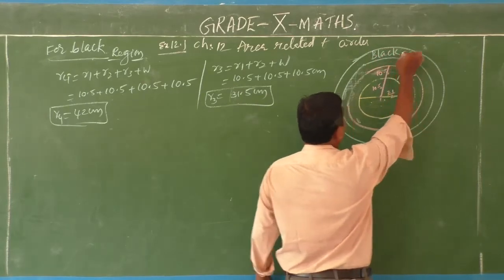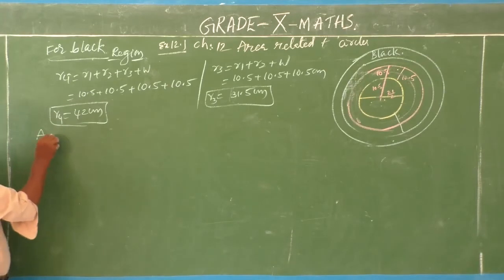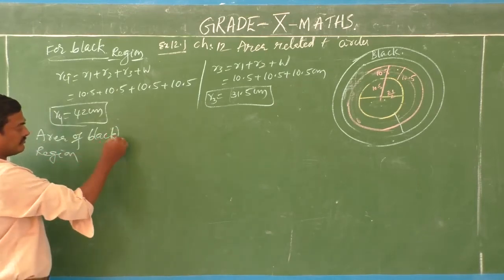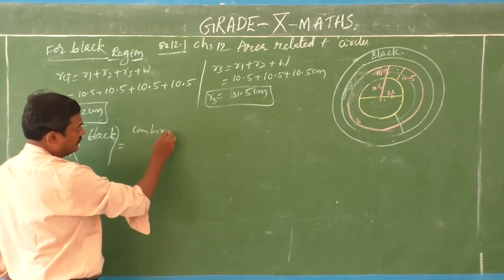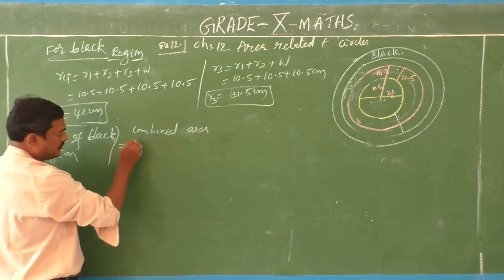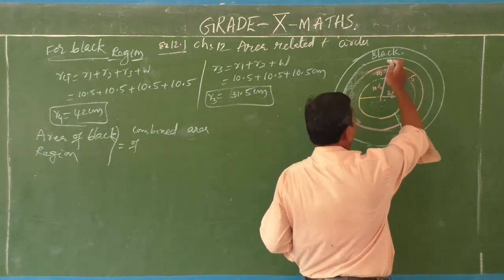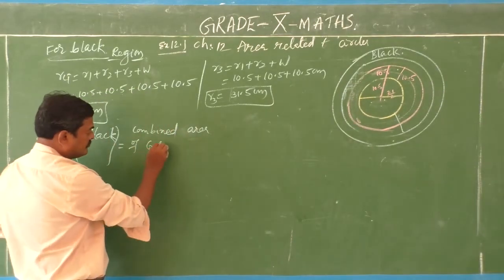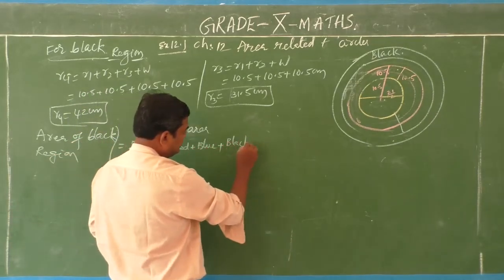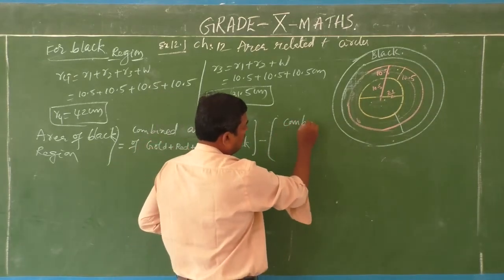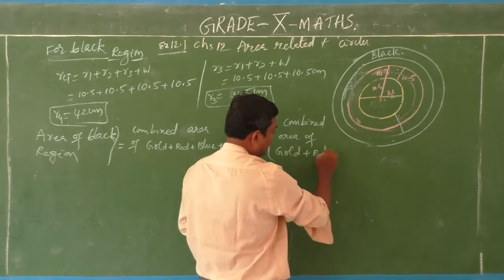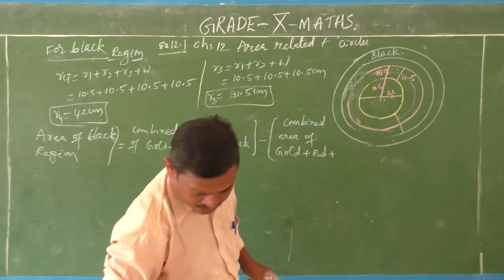So the area of black region equal to the combined area of gold plus red plus blue plus black, minus the combined area of gold plus red plus blue.